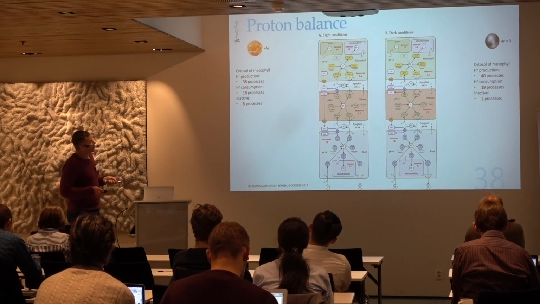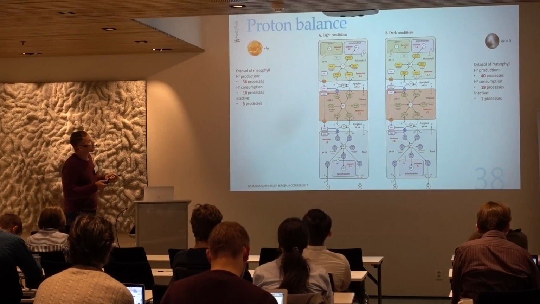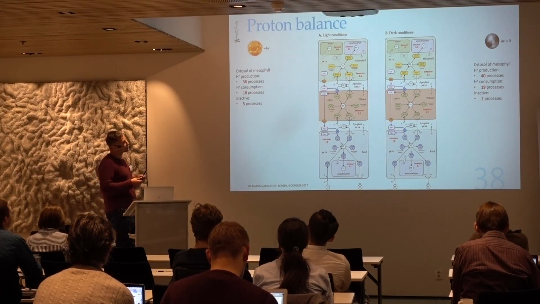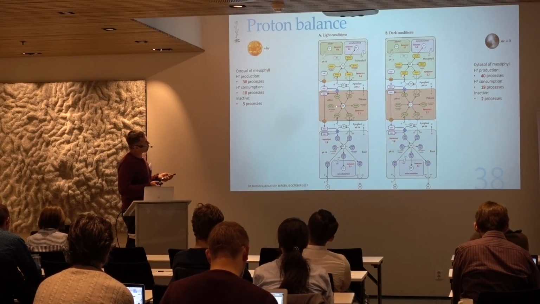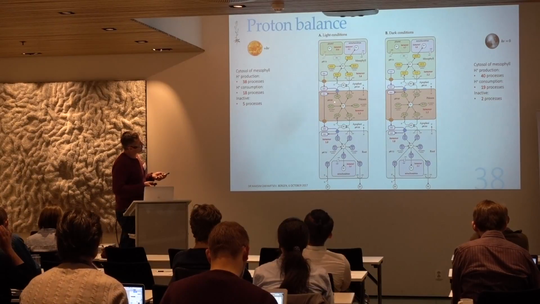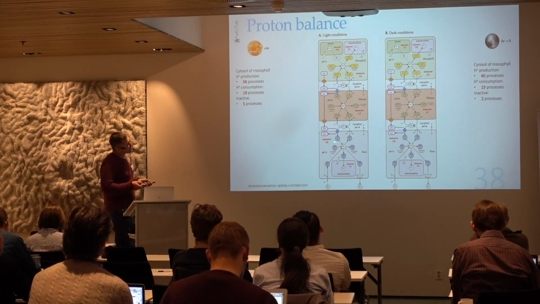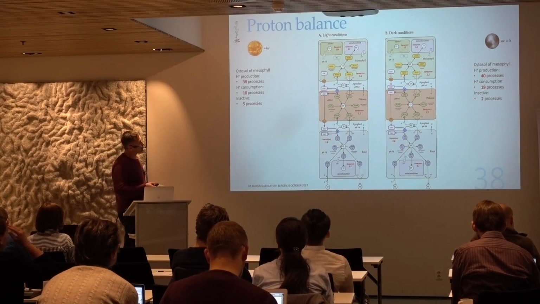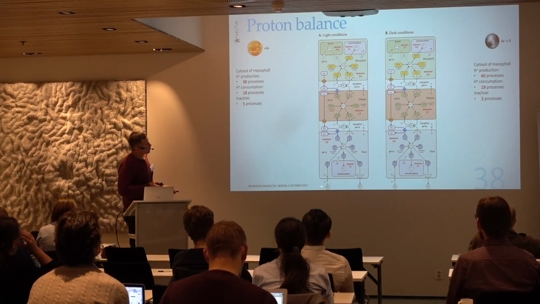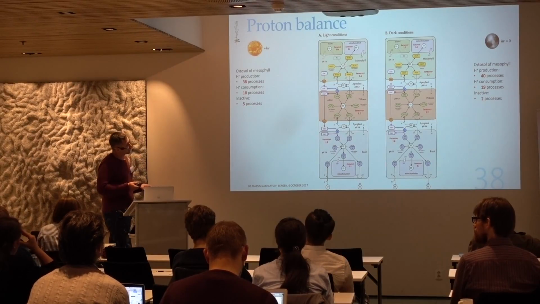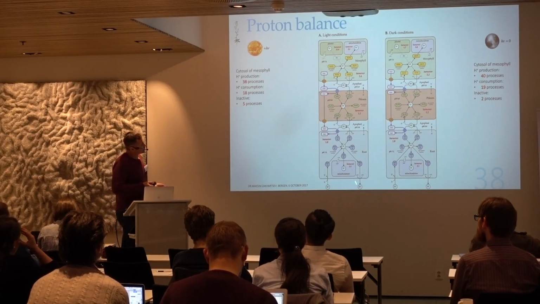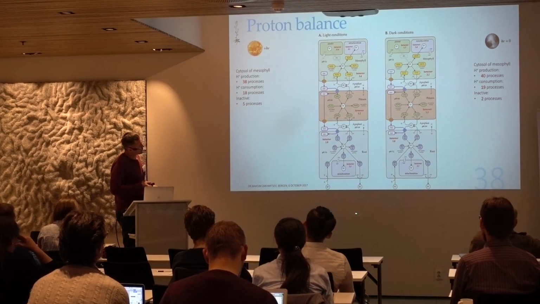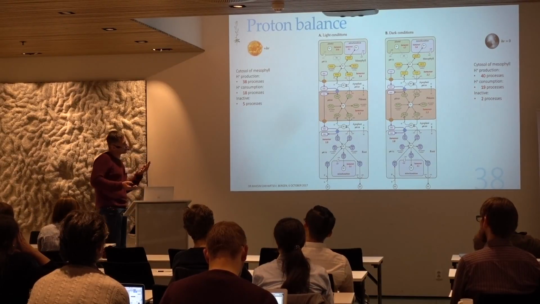So using this model, we finally could reconstruct the balances of the protons in each compartment, so leaves, phloem, and the root, and measure contributors to that: who is producing protons and consuming protons, and where they come from. For example, nutrients usually come in symport with protons, and there is also proton pumping out, so there is a balance of protons in and out.